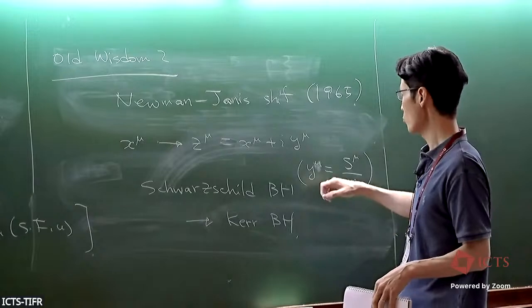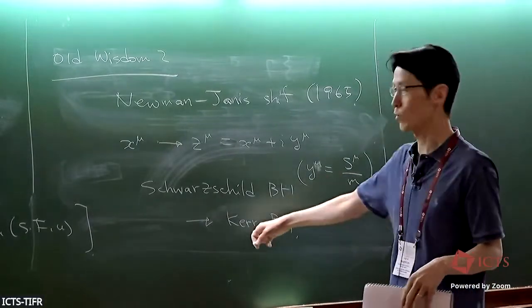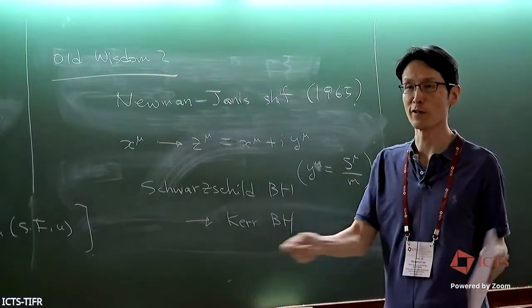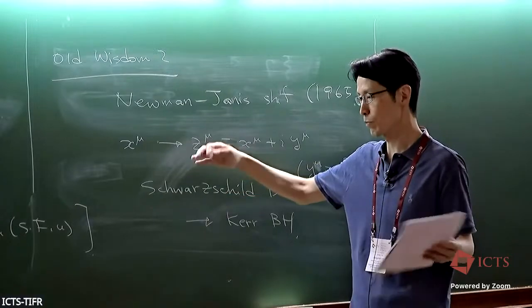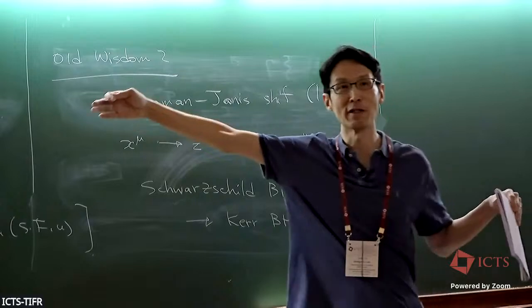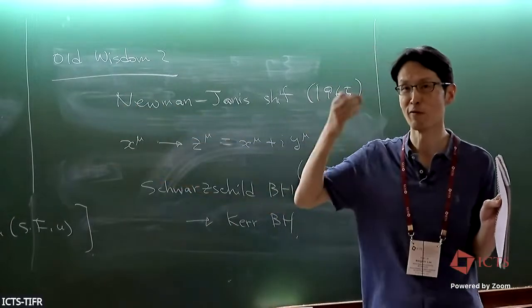So if you assume that this spin vector is small and you expand the Kerr black hole solution in powers of y, then of course the zeroth order by definition agrees with Schwarzschild, and you have infinitely many terms. But the infinitely many terms come with very specific coefficients.